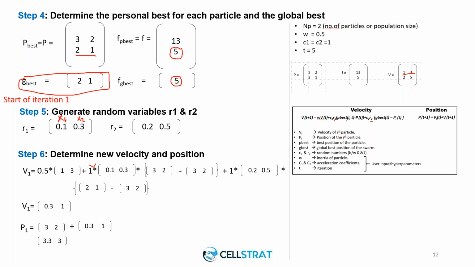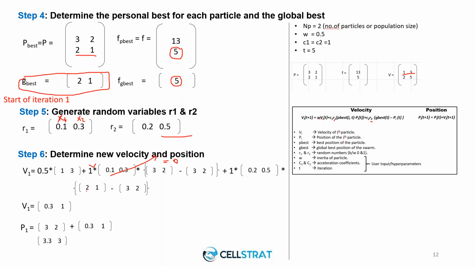Then you multiply this with p best minus the current position. Here the p best and the current position are the same, so you nullify this part because it becomes equal to 0. Then we calculate the next portion, that is c2 into r2 into global best minus the current position.